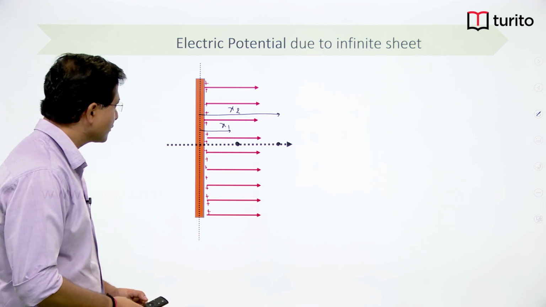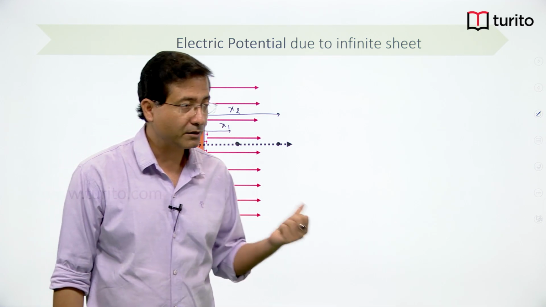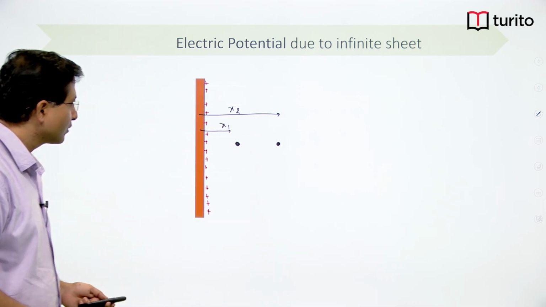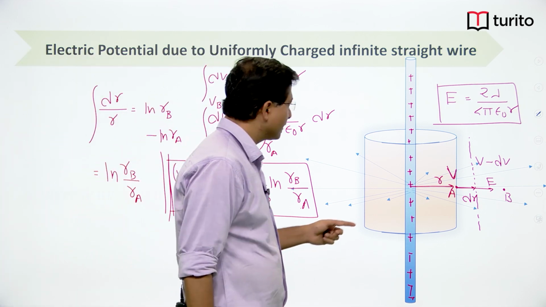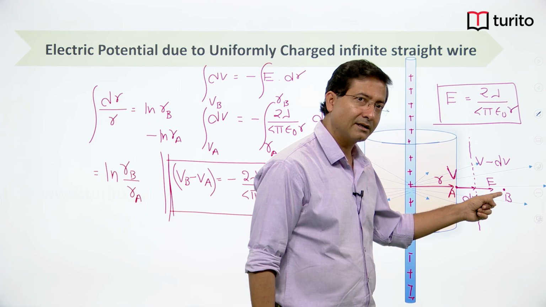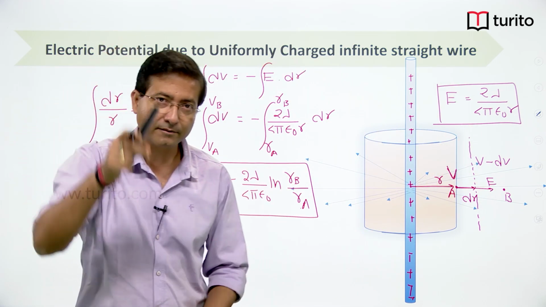The problem here, as in the previous case, is that I cannot consider the potential at infinity to be 0 because the distribution is going till infinity.